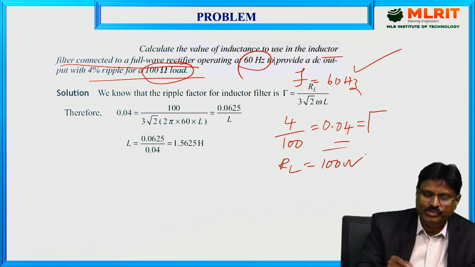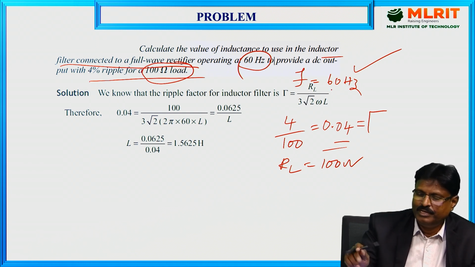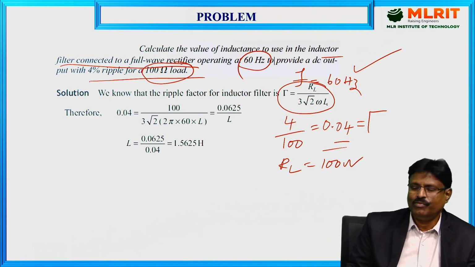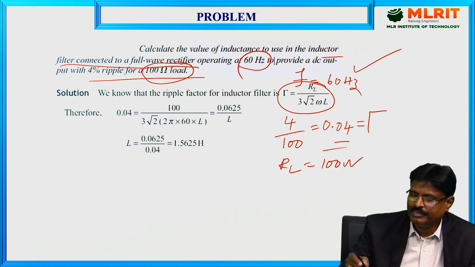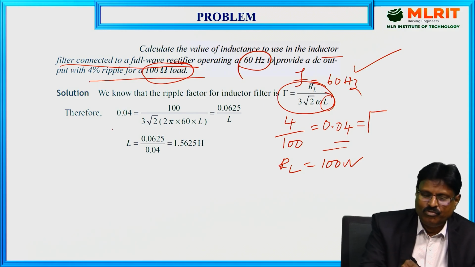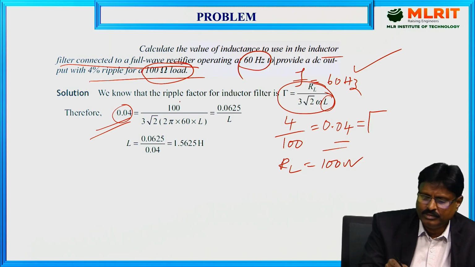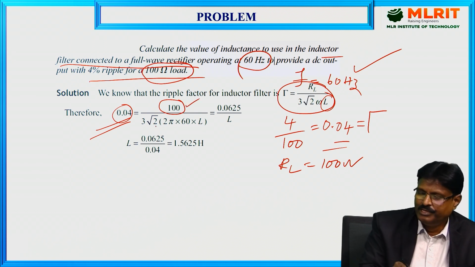First you write the formula here. The ripple factor tau is equal to RL by 3 root 2 omega L. RL is given, omega is given, and tau is given. We need to obtain the value of L. The ripple factor value is 0.04, RL value is given as 100 ohms, so 100 here, by 3 root 2 omega, where omega is written as 2 pi f.